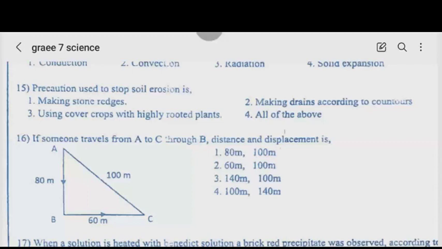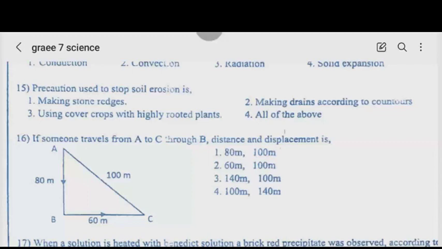Find me the distance from A to C. Distance means, children, the total length of the path. First, A to C, we have to come through the B point.